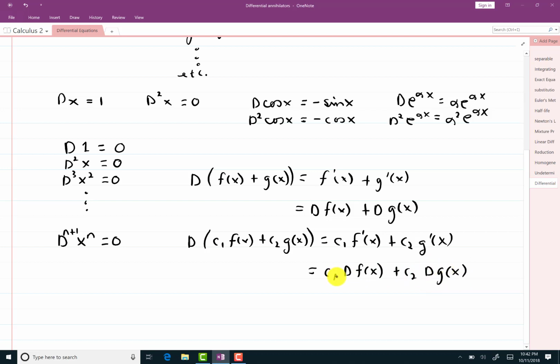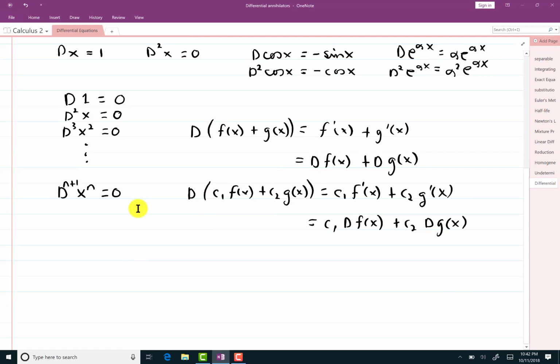This is important for mathematicians a lot of times because they refer to such things as a linear operator. And it works a lot like regular algebra. For example, if I try to do D squared times D minus 1 of the function f of x. Well, the first thing you'll apply is the D minus 1 part.